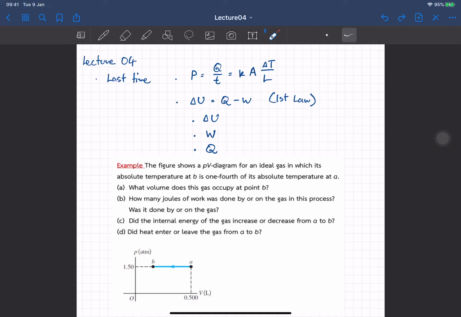And then we talked about a new kind of larger topic, which we're gonna continue also for today, which is thermodynamical processes. The first thing that we need to understand is what we call the first law of thermodynamics, which is given by this equation. Okay, so we have three variables here, which are related to any thermodynamical process.